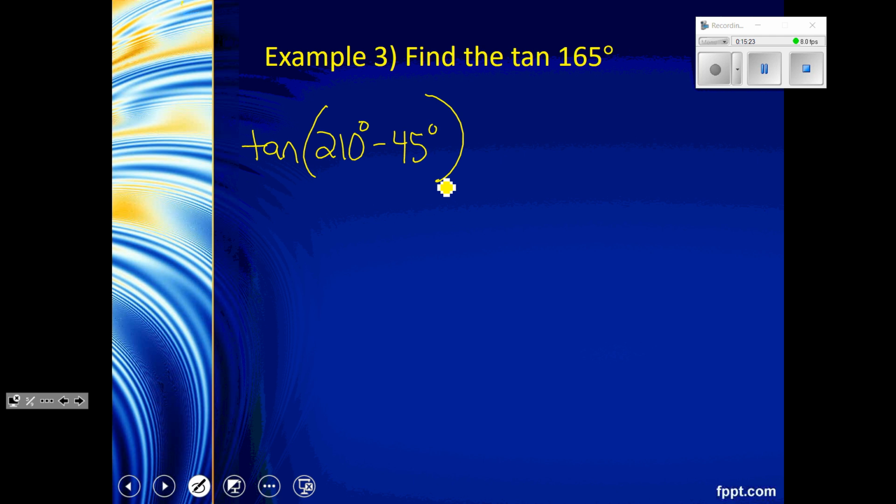Okay. And I would love it if some of you did some of the other methods. Do your method. Follow along with me, but do your numbers and see if it comes out the same. Okay? So, here we go. Our formula says this. Read me the formula. We're going to take the tangent of 210.